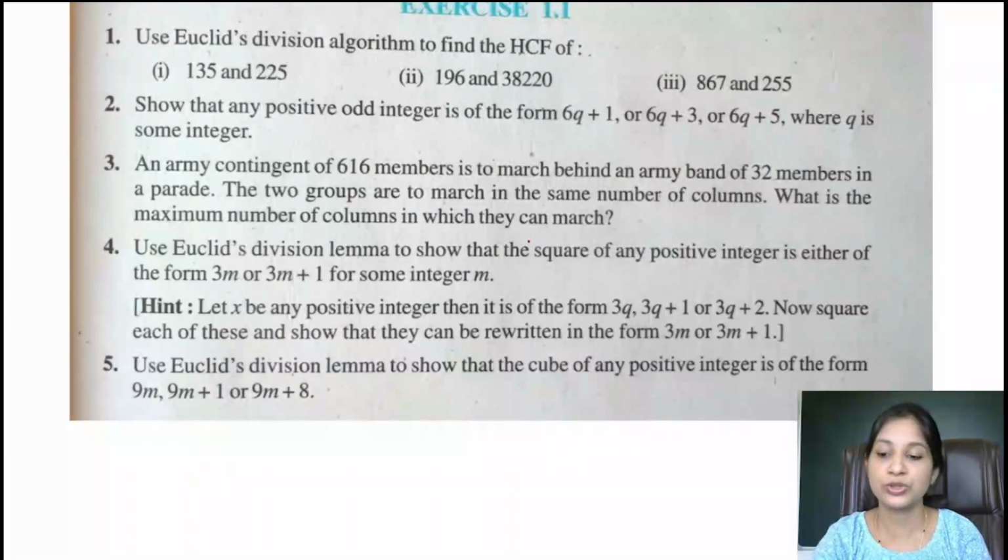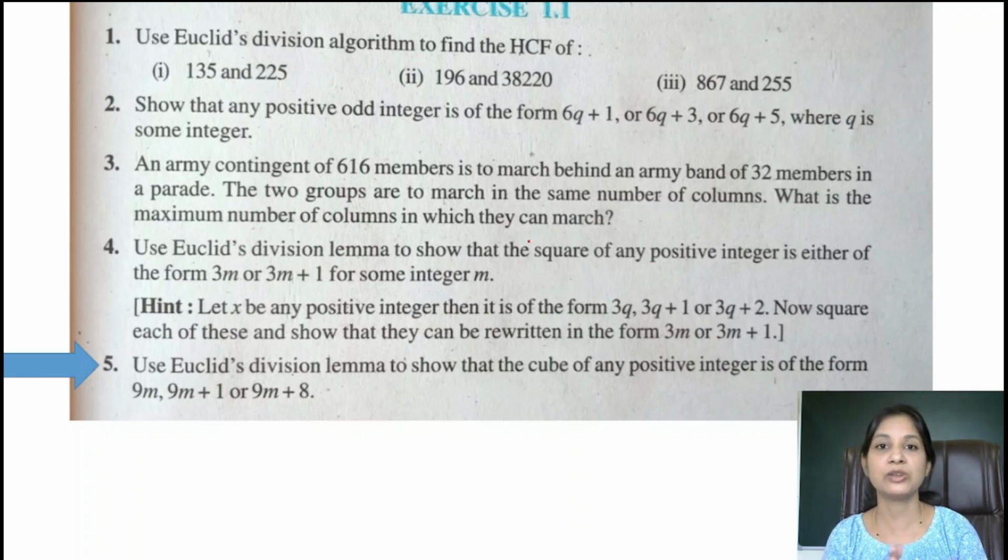So there is no need to solve the fifth question here, because in this question they asked for the cube of any positive integer being of the form 9m, 9m plus 1 or 9m plus 8. That means in this example you will substitute the values and take the cube of that number. In the previous example we used the square. In this example you will go for the a plus b the whole cube formula. You will solve. It is very easy. Please try to solve it yourself.